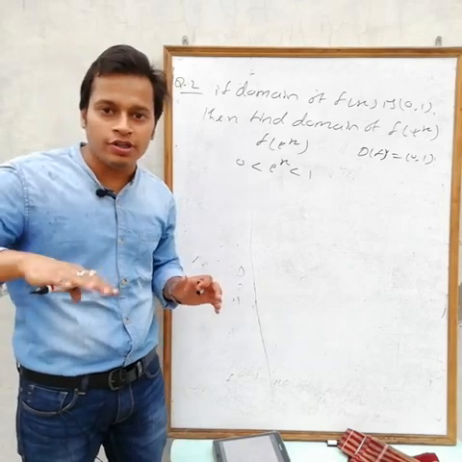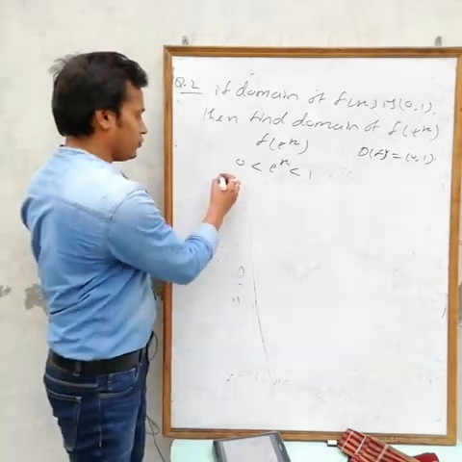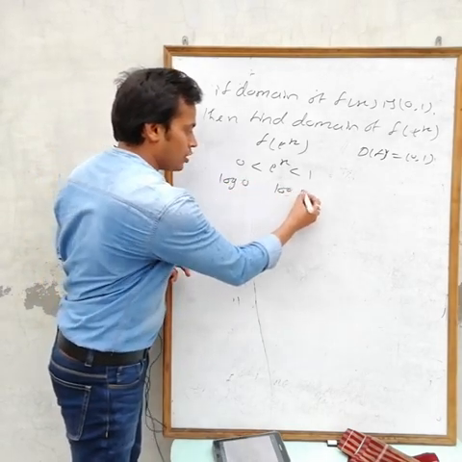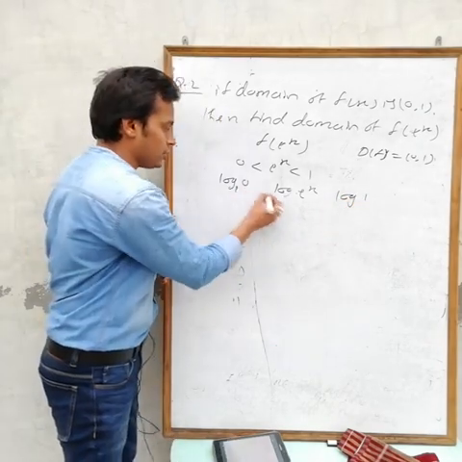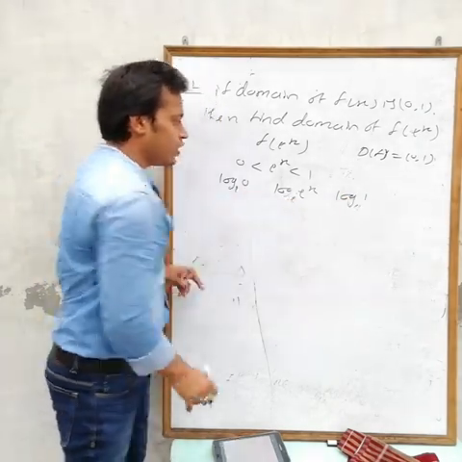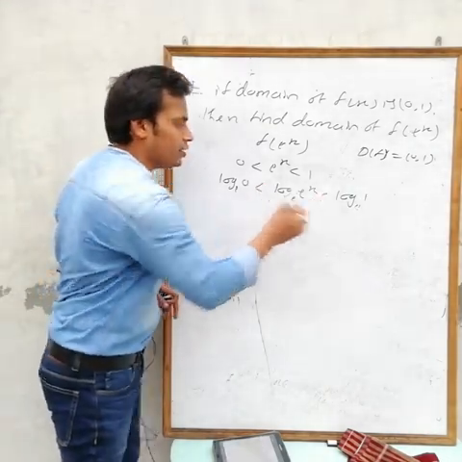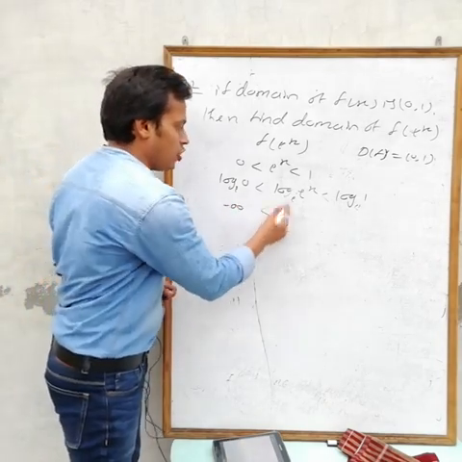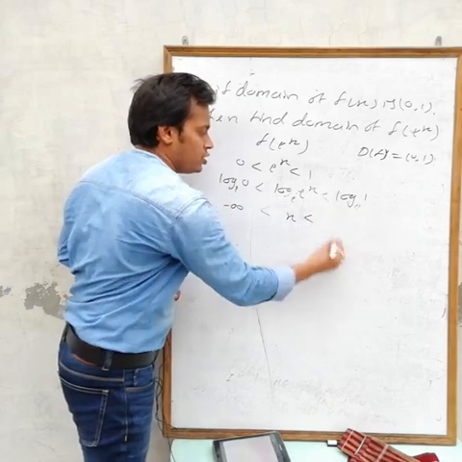So I have to take logarithm because x is in the power with base e. So take logarithm: log 0, log e power x, log 1, with base e. Since base e is greater than 1, the sign of the inequality remains. Log 0 is equal to minus infinity, log e power x is x, and log 1 is 0.